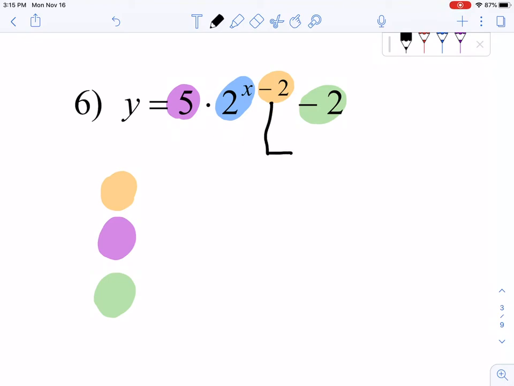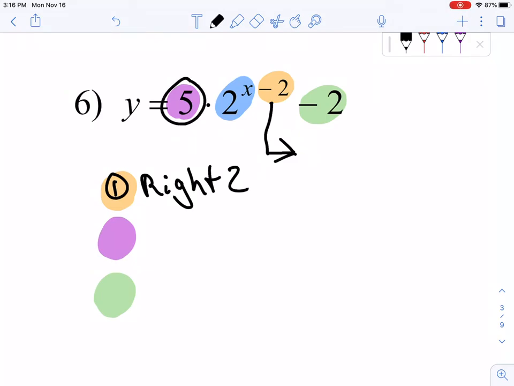So that means it's going to move right 2. The second thing we're looking at is a vertical stretch by 5.